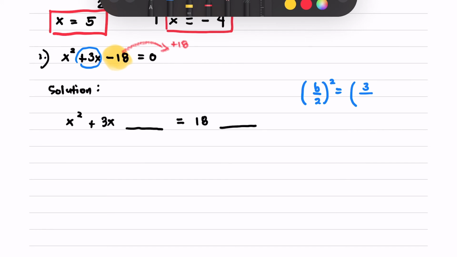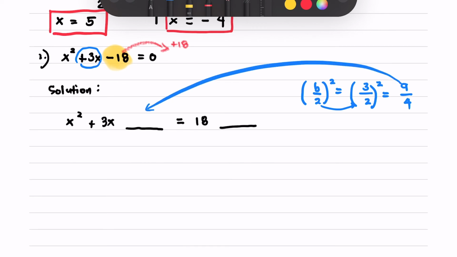Then, rewrite lang yung 2. Then, squared. So, multiply by itself. 3 times 3, that is 9. Over 2 times 2, that's 4. So, yun ang ilalagay natin dito sa dalawang side. So, we have 9 over 4. So, this is positive kasi positive yung answer natin.